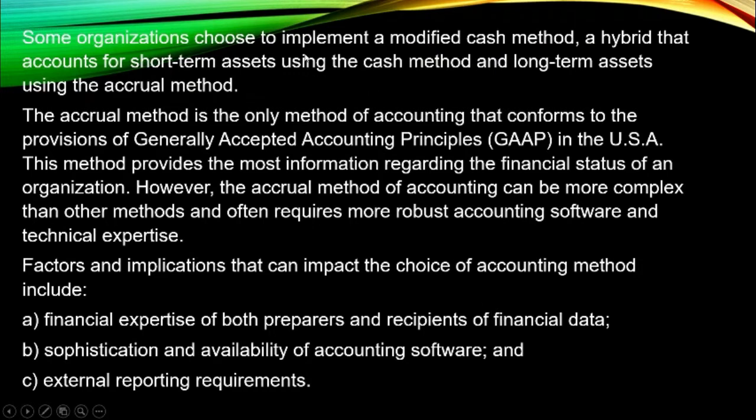Some organizations choose to implement a modified cash method, a hybrid that accounts for short-term assets using cash method and long-term assets using accrual method. The accrual method is the only method of accounting that conforms to the provisions of GAAP in the U.S. This method provides the most information regarding the financial status of the organization.